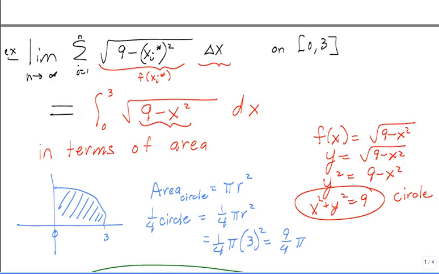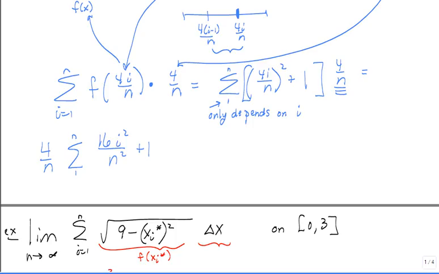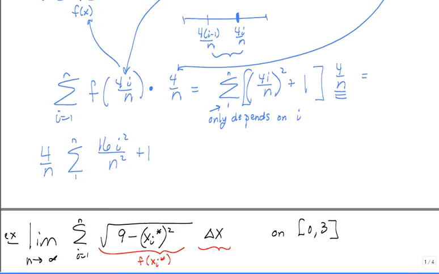Okay, I'll just have to take a new page, but I'm going to separate this out. So I'm going to have that term. That's going to be 64 over n cubed, sum of i squared, plus 4 over n, sum of 1, i equals 1 to n.